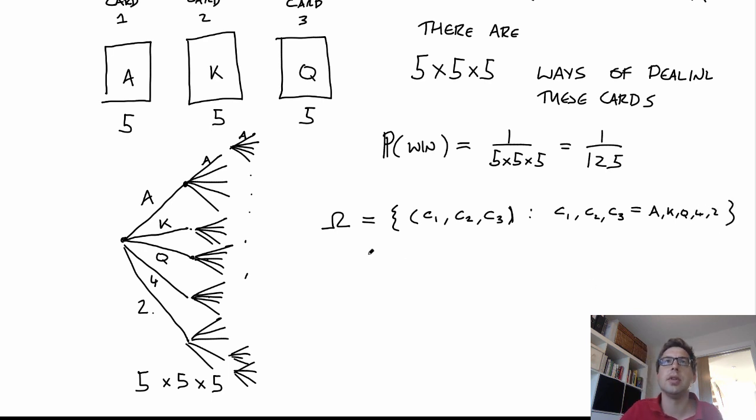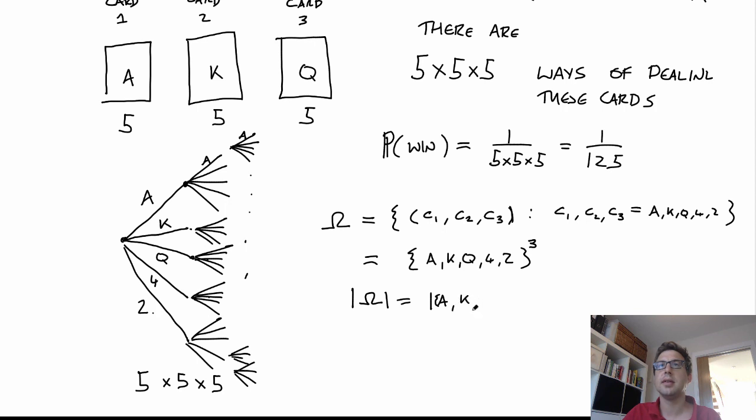Another way to write this would be to think of it as the set ace, king, queen, 4, 2, and we're taking the Cartesian product of those 3 times. The size of that is equal to the size of this set to the power of 3, which is 5 to the power of 3.